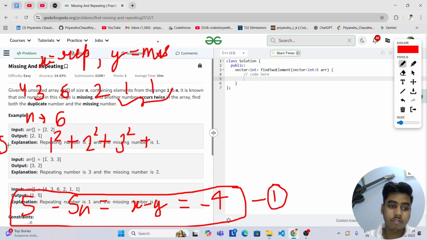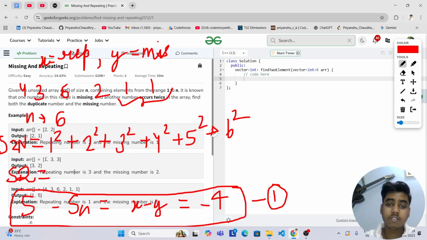So let's call this S2n: 1 square plus 2 square plus 3 square plus 4 square plus 5 square plus 6 square. And similarly the normal S2 will be the sum of squares of all the elements present in the array. So this will be 4 square plus 3 square plus 6 square plus 2 square plus 1 square plus 1 square.